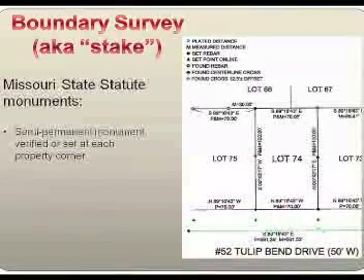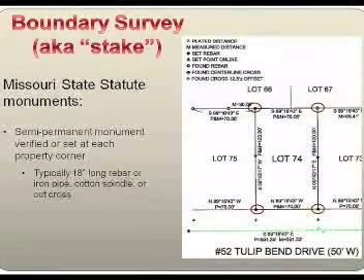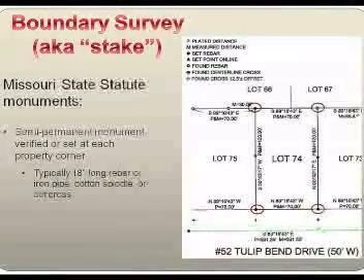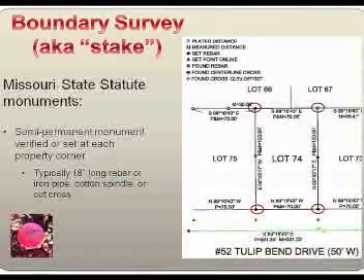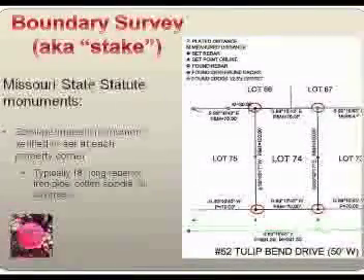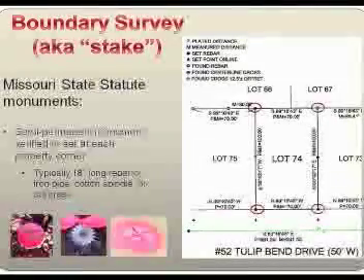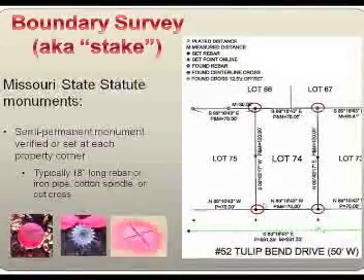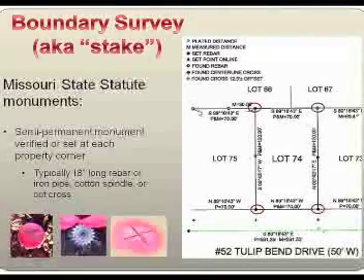Part of the requirement is that we have to locate every single property corner. If that corner happens to not be there, we're required to set a new property corner there. Those monuments are typically going to be an 18-inch long rebar, iron pipe, cotton spindle, or cut cross. So at every single one of our corners, you're going to see a monument.